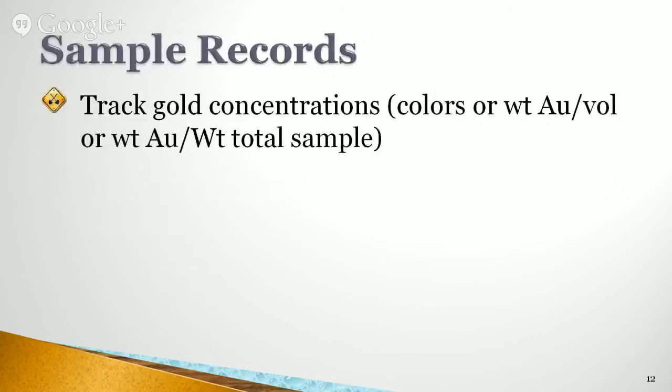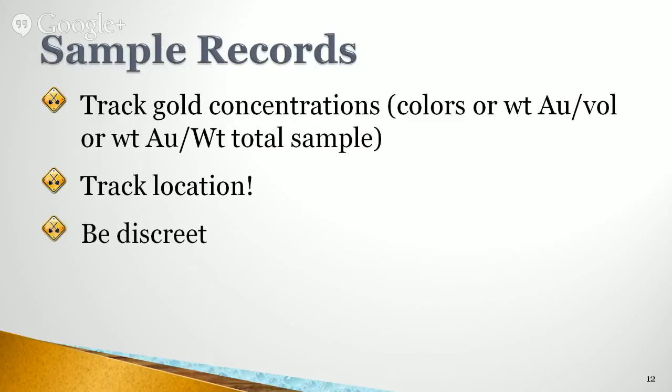Track them in records. So you get your gold concentrations, weight per unit volume, gold weight per the total sample that you pull out. Track the location. Use a GPS, a map, a compass, whatever you have to get yourself on track with the location. So that's important to do because it basically will help you in the long haul determine the trajectory you're going to take when you start mapping out the pay streak and your actual mining potential you're planning to recover.